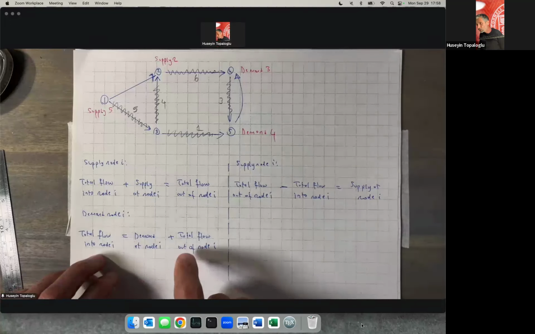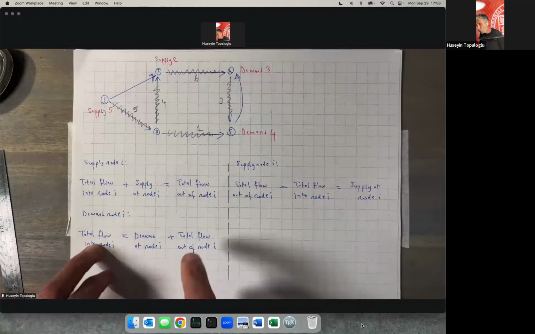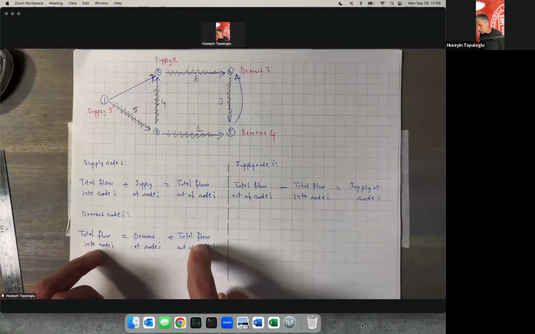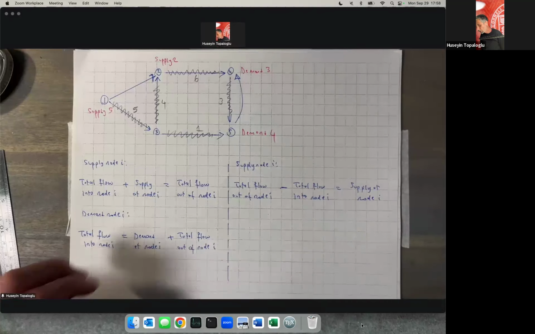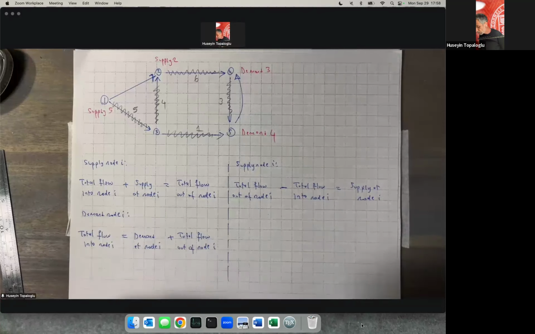And likewise, let me reshuffle this constraint for my demand node so that the quantities that depend on my decision variables are going to be on one side of the constraint, and the quantities that are only a function of my data are going to be on the other side.